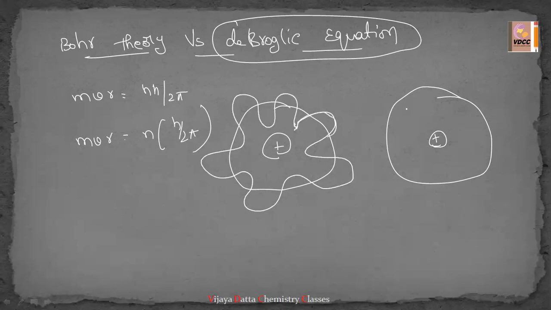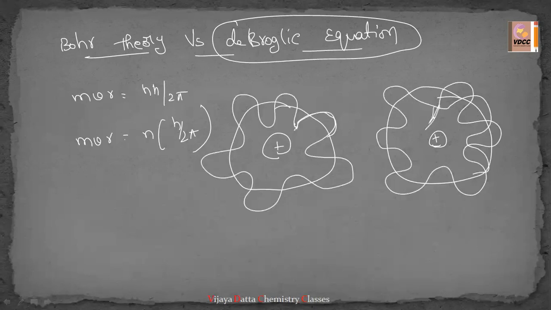One more possibility is that the two terminals should attach. Another possibility is that when the electron revolves around the nucleus, it comes back like this and is not overlapping, so the two terminals are not touching each other. If the two ends of the electron wave meet, you get a regular series of crests and troughs.